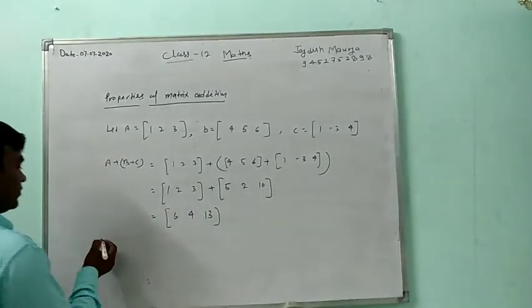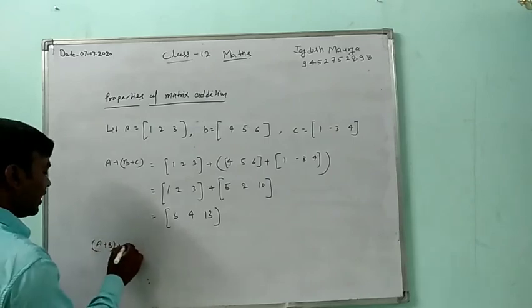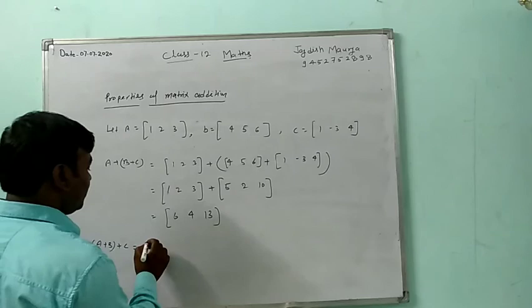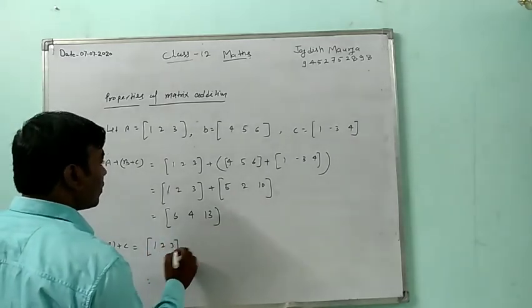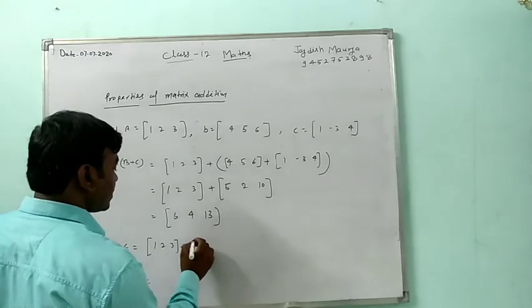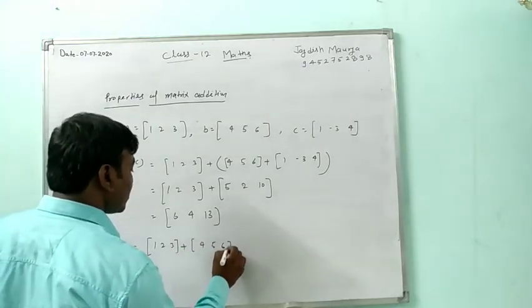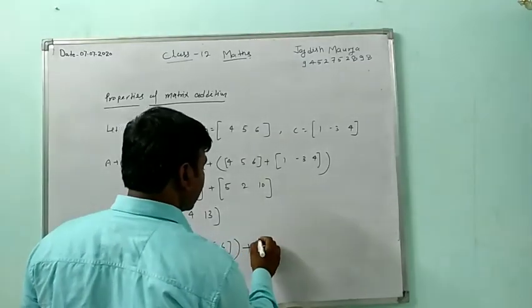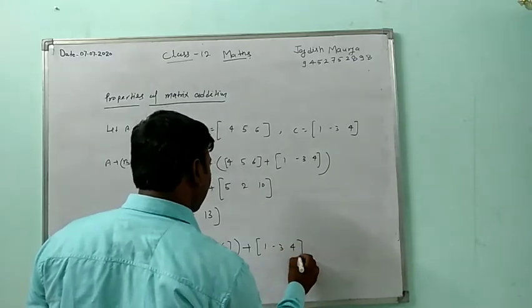If we add A plus B first, then we add C, then A plus B, 1, 2, 3 plus 4, 5, 6 plus 1 minus 3, 4.